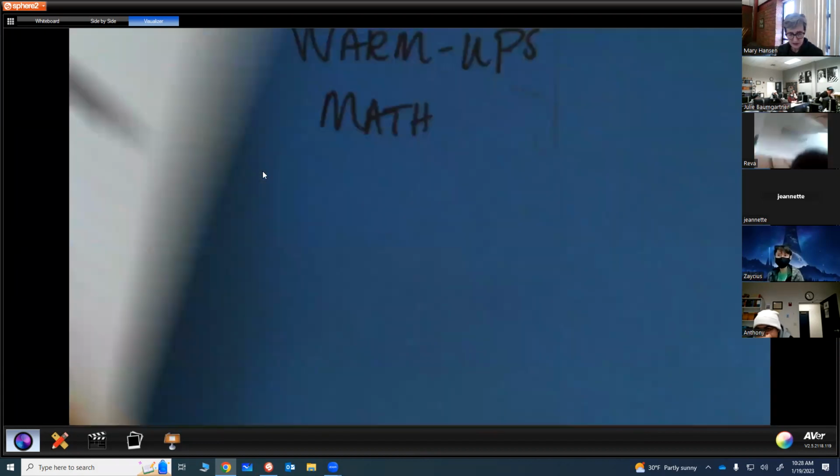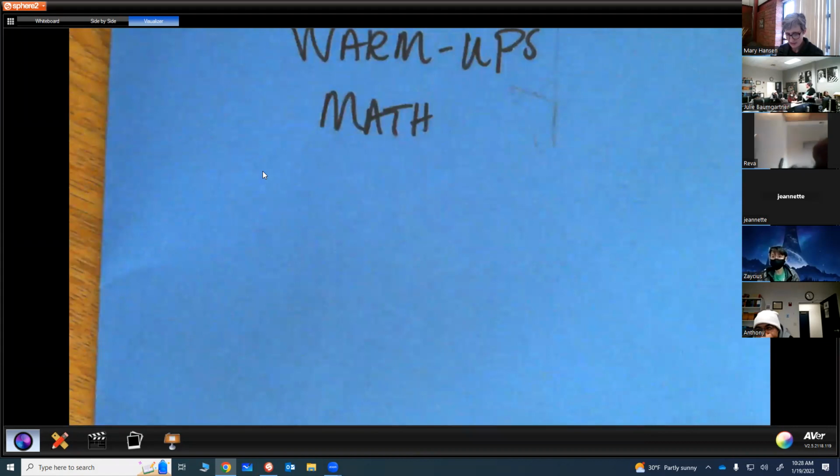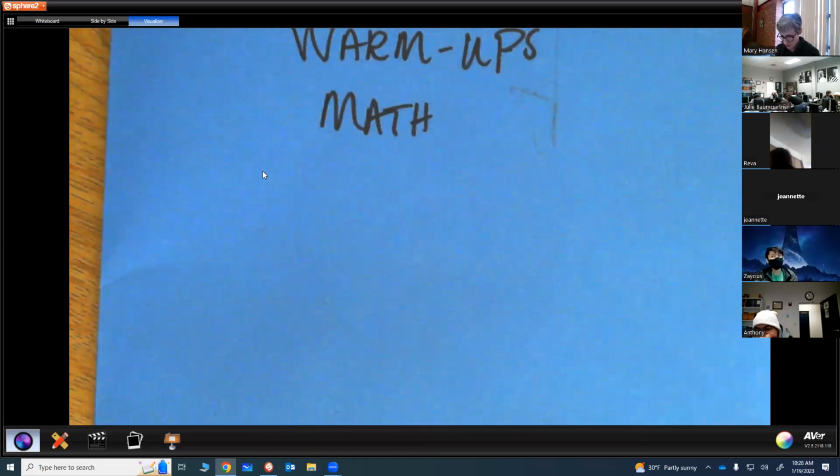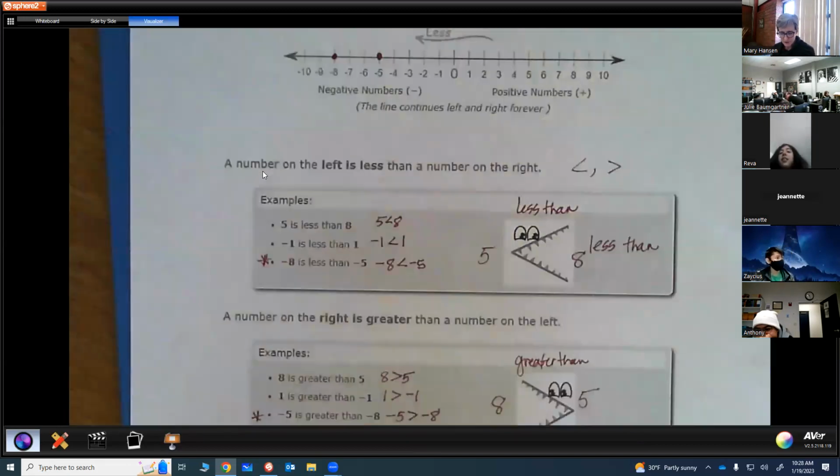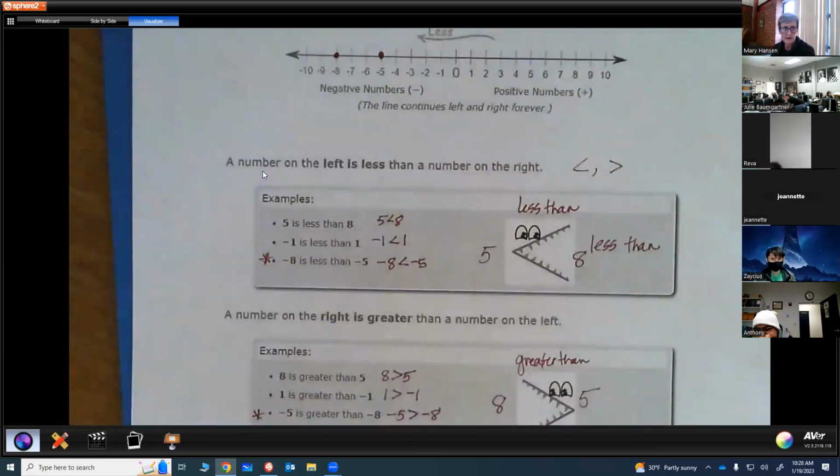So we also took a look at the number line, and ordering numbers on the number line. These should be the first few pages of your packet that we've already gone through.